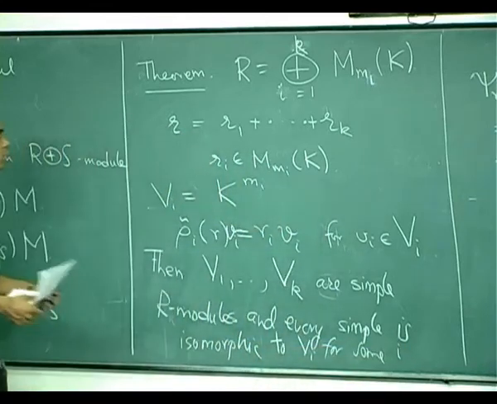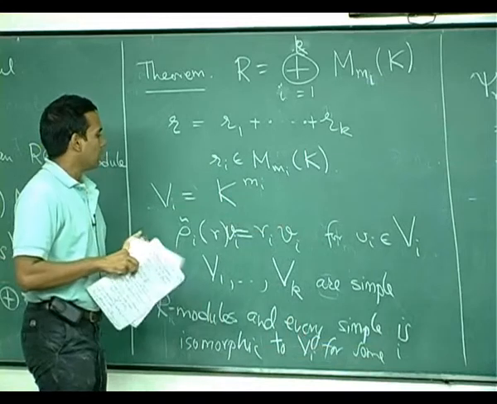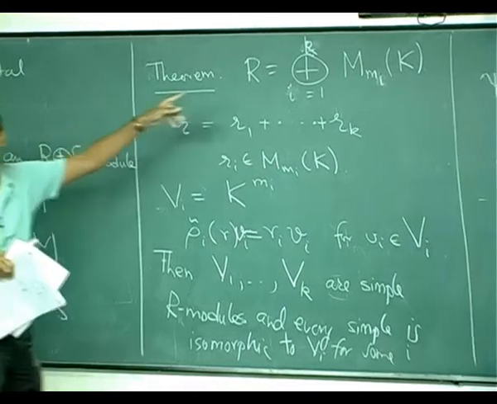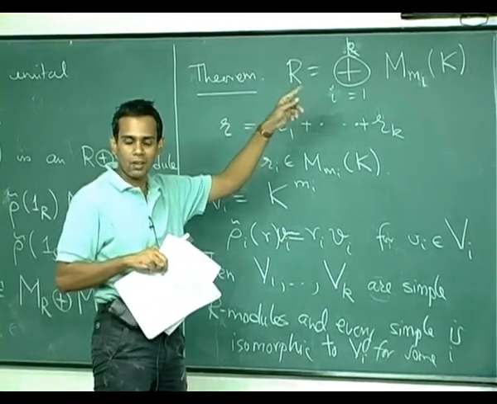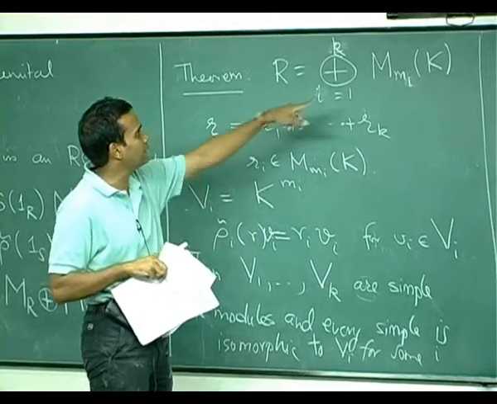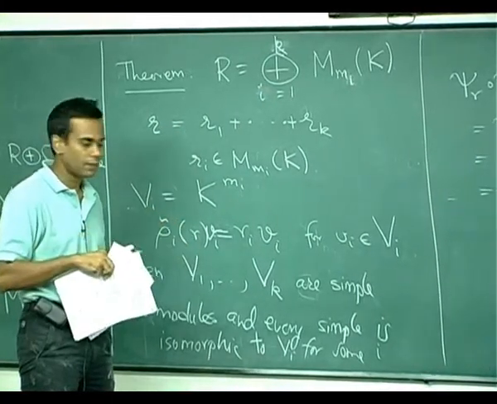Let me explain that. Why is that? If you have a simple R module, you can use this trick here: only the ith matrix algebra acts non-trivially on the ith subspace. You take the ith identity times the module, and that gives you the ith piece.